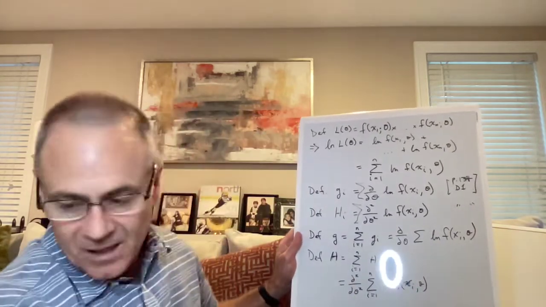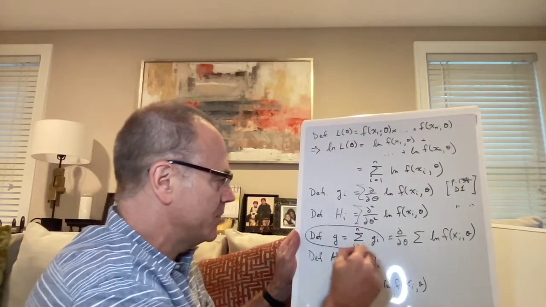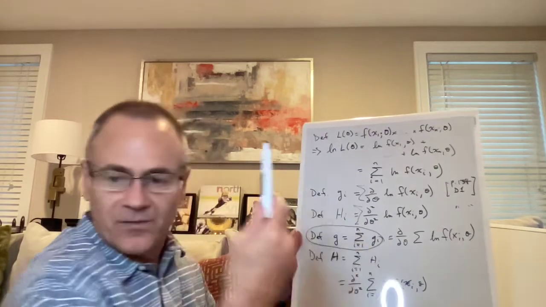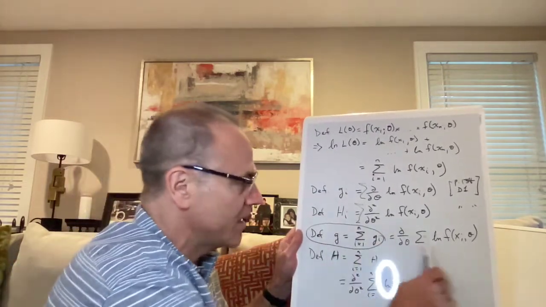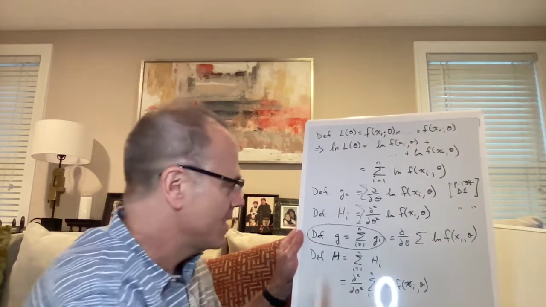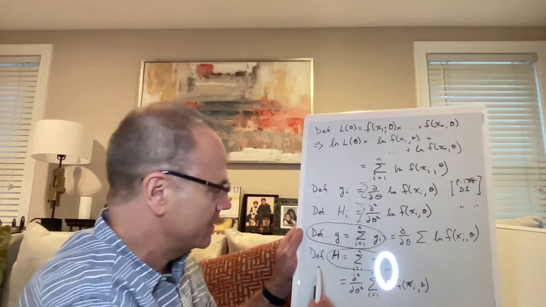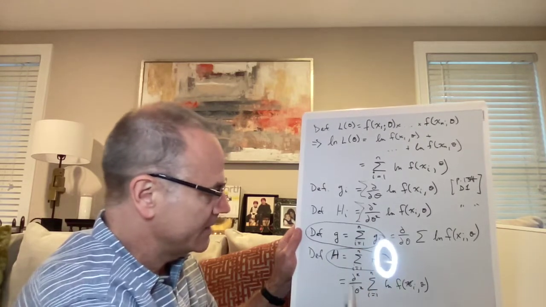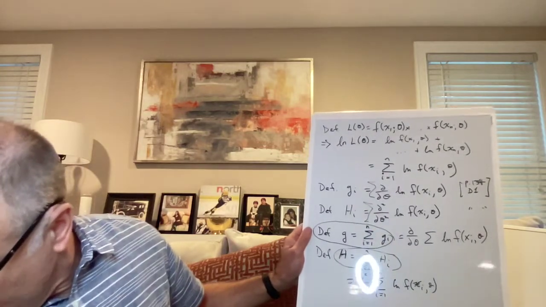So we define G to be that, but because of our rule in freshman calculus, G has also got to equal that. We define H to be this, and because of our rule from freshman calculus, H has also got to equal that.